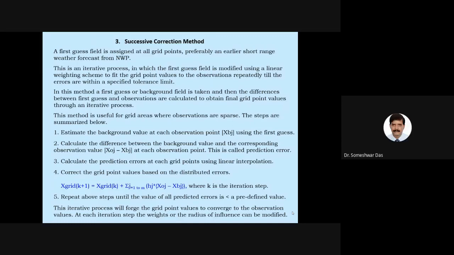Jayanti ma'am, and it's already 3:29. So I had better stop now, because the successive correction method, I hope I have completely discussed. Did I? No, sir. Even this I did not completely discuss. So if that is the case, then tomorrow I have to start again at the successive correction method.